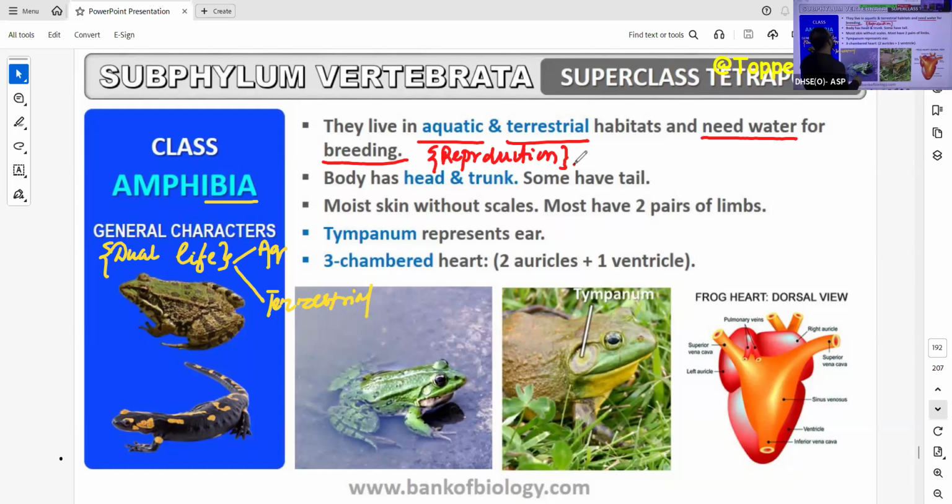Okay. Look into it. Now, the body in case of the amphibians is divisible into head and trunk. So what do we make out of this? The most important aspect here that you should understand is they do not have a neck. Only head is there, trunk is there, no neck. Therefore, they are unable to move their head in different directions.